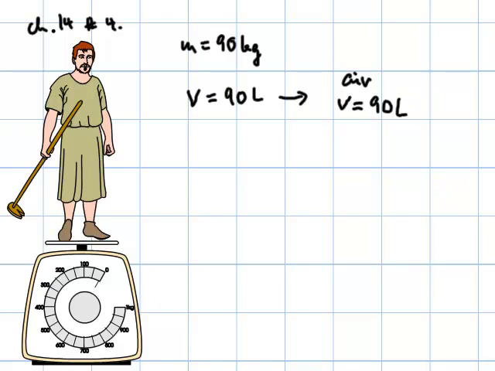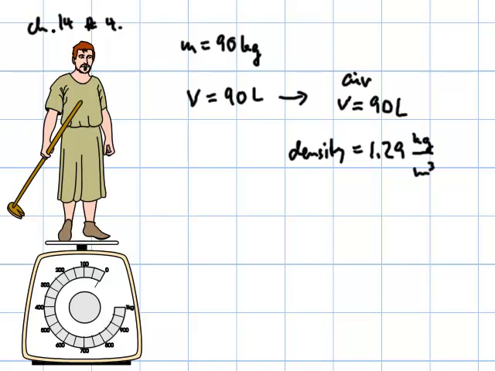Now I'm looking up how much mass of air that is, or I'm going to compute that. So I'm looking up what the density of air is. So density of air equals 1.29 kilograms per cubic meter. That's a relatively small density.